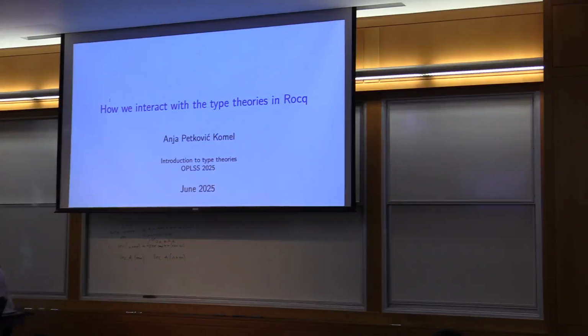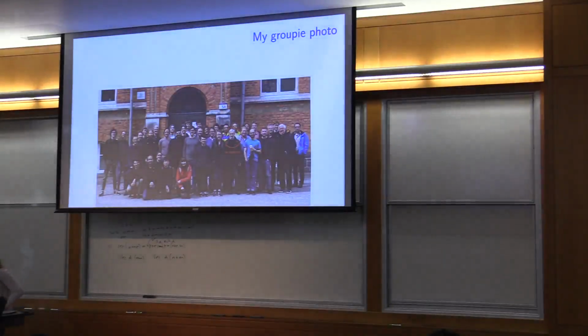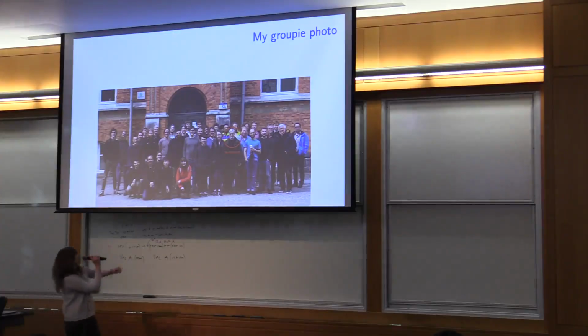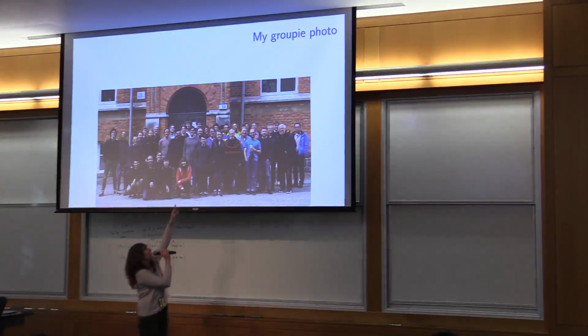All right. So now I'll need both hands. Is this still okay? You can hear me? Yeah, good. So, first, Valeria shared her groupie photo, and I want to show you my groupie photo. So here, I'm wearing red, so this is me.